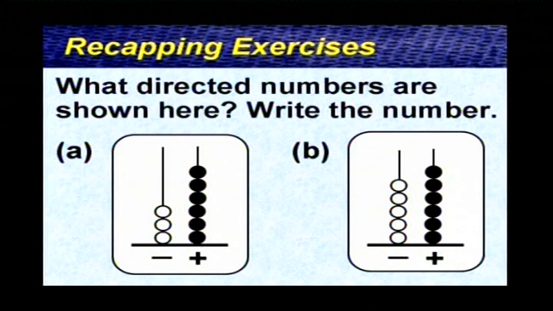The recapping exercise is on what directed numbers are shown here. I have A. It is shown in the diagram. It is also inside your student worksheet. To the receiving teacher, these 2 exercises are also in the student worksheet, A and B.